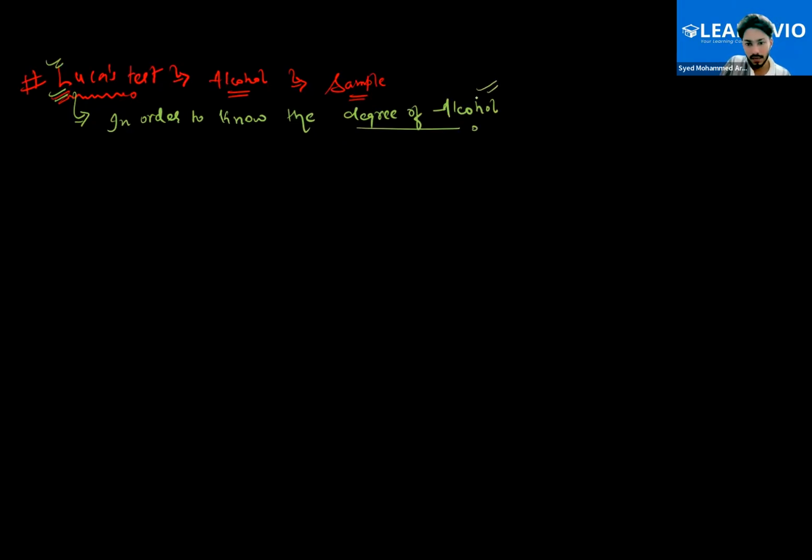I need to know about the degree of the alcohol, because this will be the most asked question in this chapter. So if I need to know the degree, how can I do this? This test will be performed.